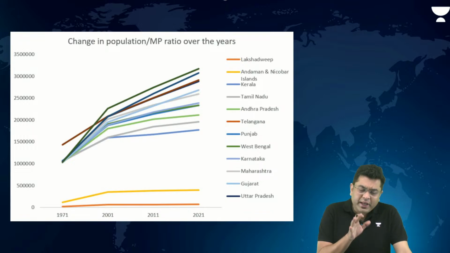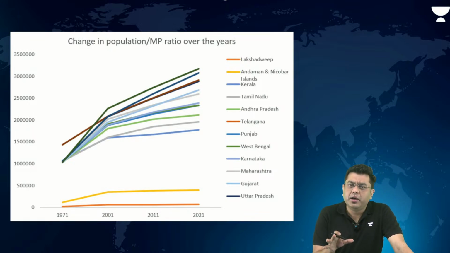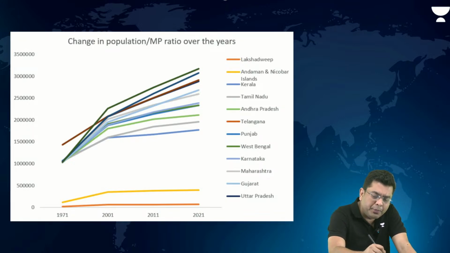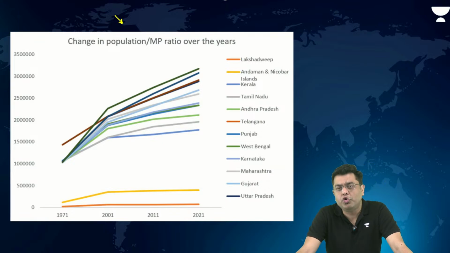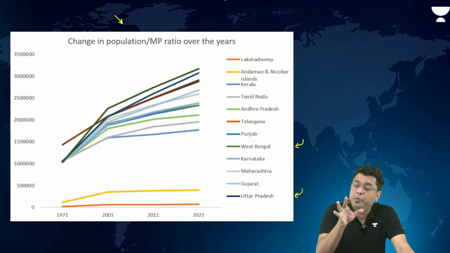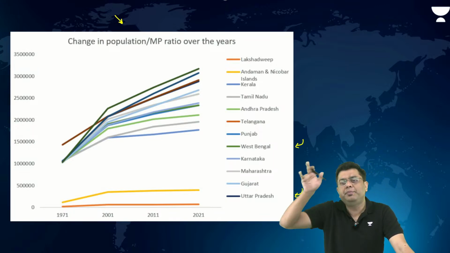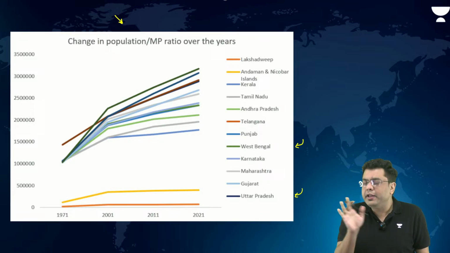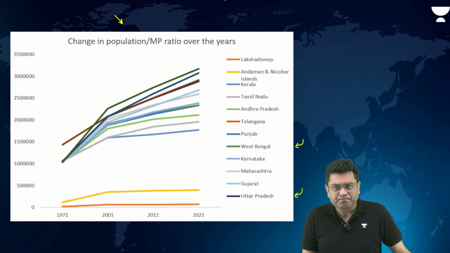Now, take a look at the chart representing the change in population per MP ratio over the years. Think about states like West Bengal, Uttar Pradesh, etc. In these cases, the population per MP has been increasing, leading to an increased burden.